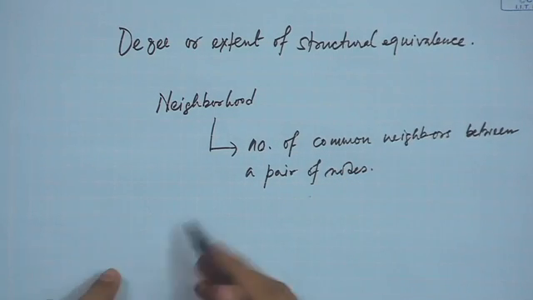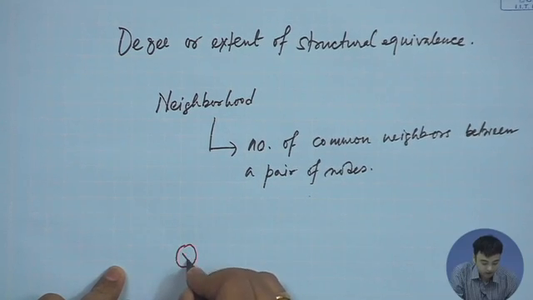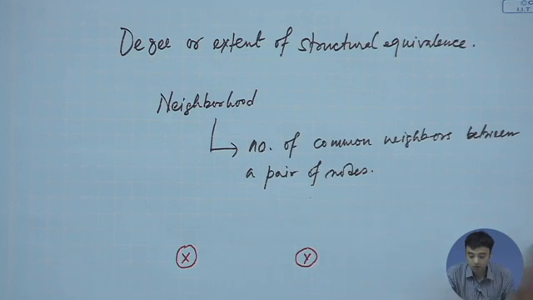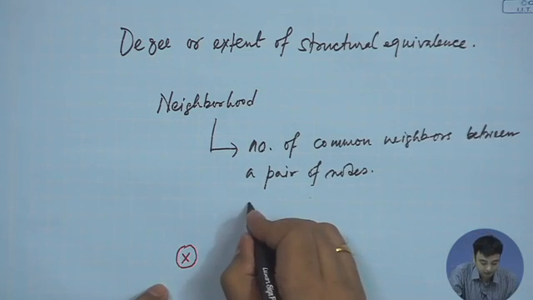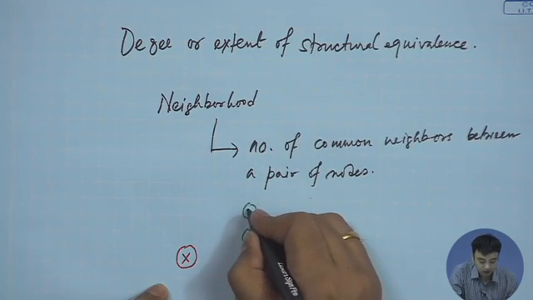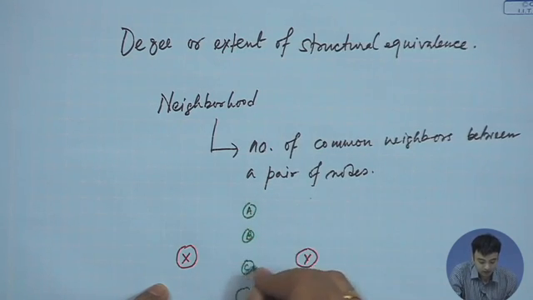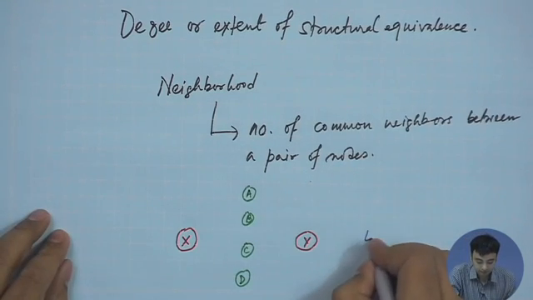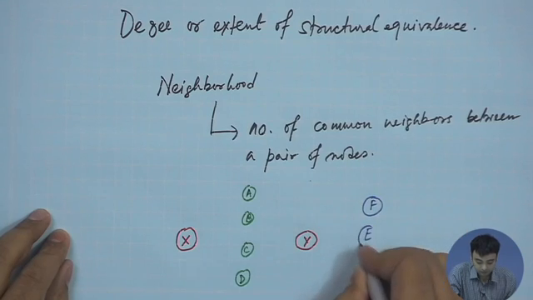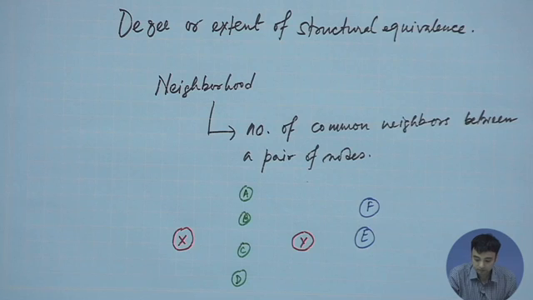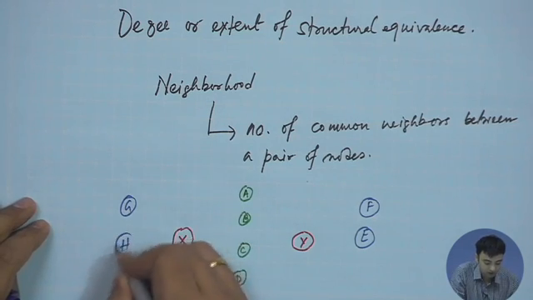Say you have two nodes here, one named x and the other named y. Say they also have a bunch of neighbors: a, b, c, d, e, f, g and h.